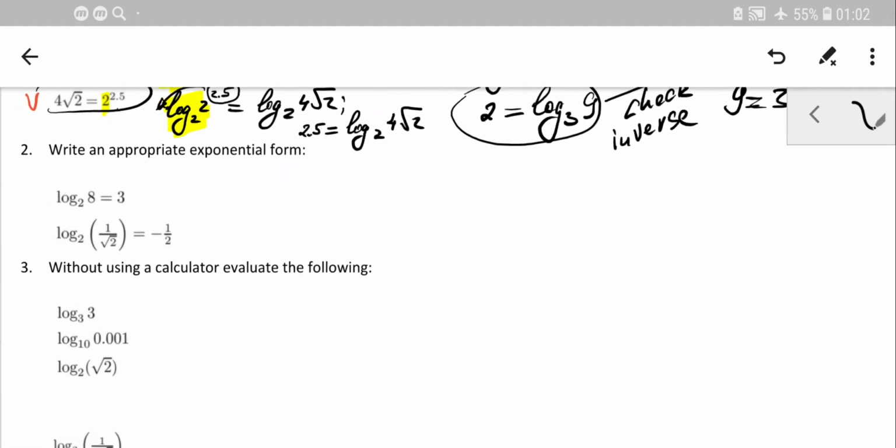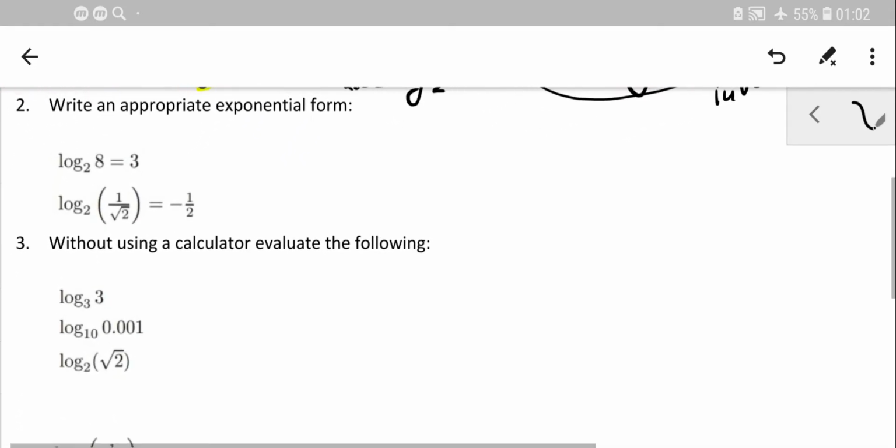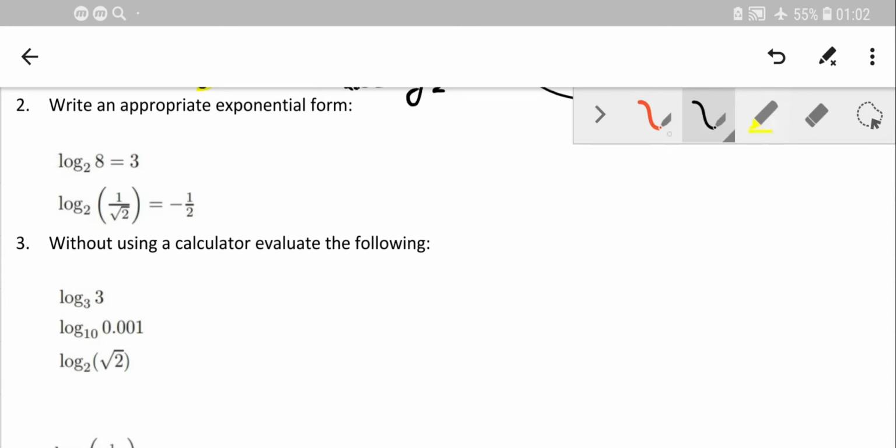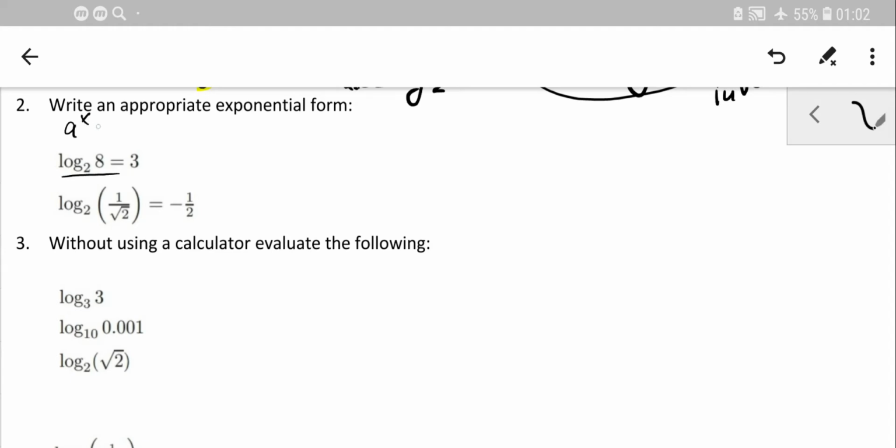So write in the appropriate exponential form. That's the reciprocal task, where from a logarithmic statement we need to go back to a to the power of x equals y, which is the exponent form for your log statement. Okay, this is much easier, as you understand from my previous explanation.